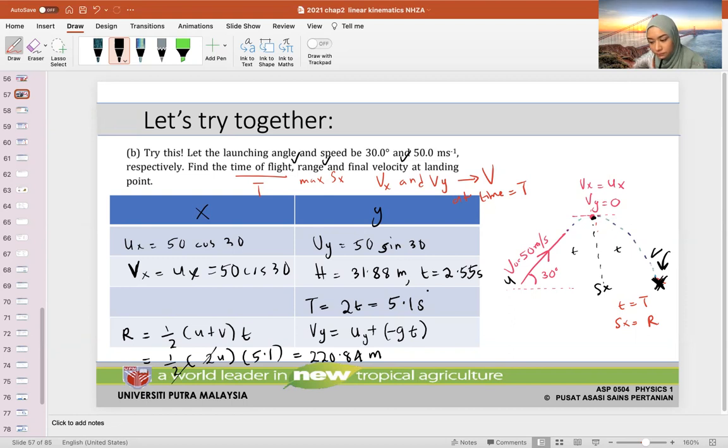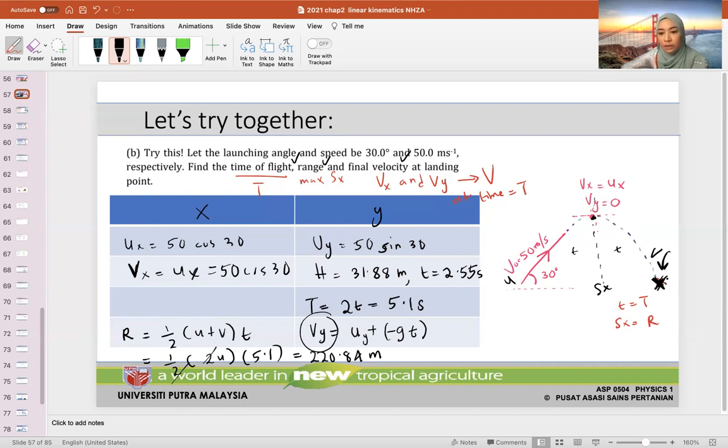Sebab Vy, sebab dia Y, maximum height. Okay, kita nak cari V dekat mana sekarang ni? Kita nak cari kat sini ke dekat hujung? Hujung. What time corresponds to hujung?